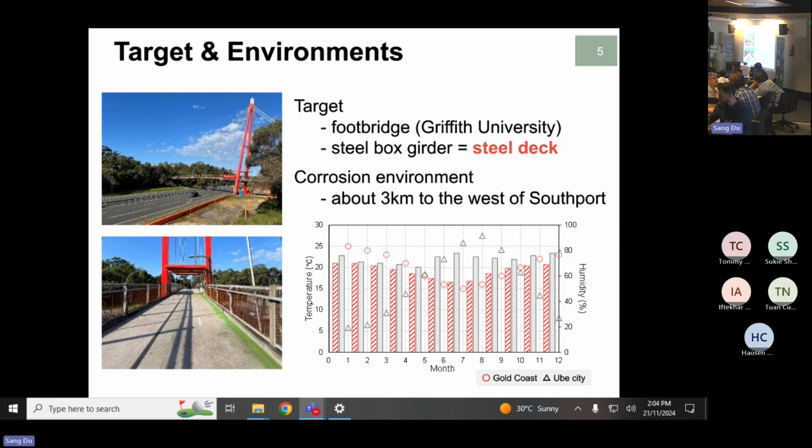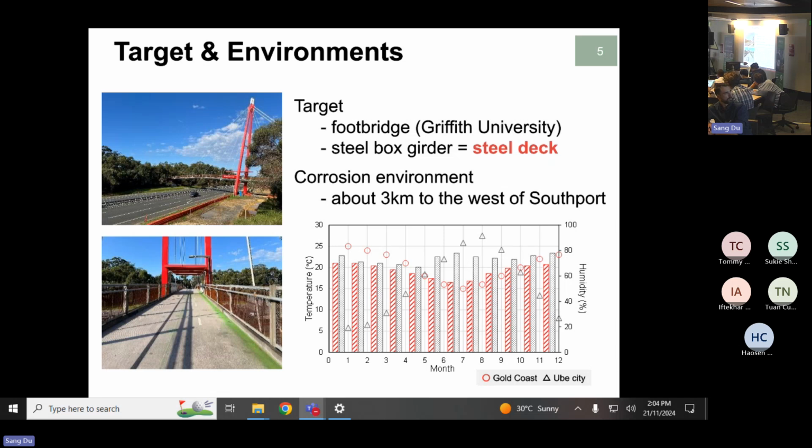In today's presentation, my research target was Griffith University's foot bridge. This research is a collaboration with Professor Hong Guan at Griffith University. This bridge is a foot bridge constructed by a steel box girder, which means it has a steel deck as well.